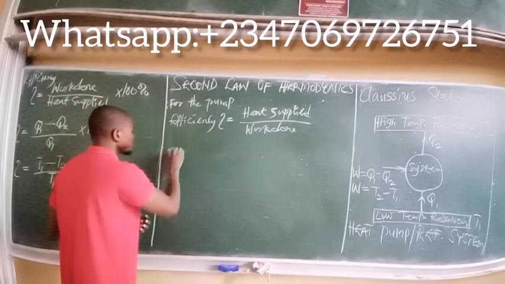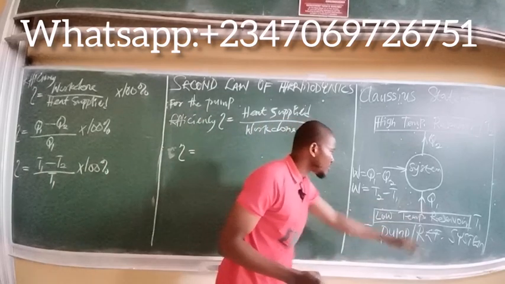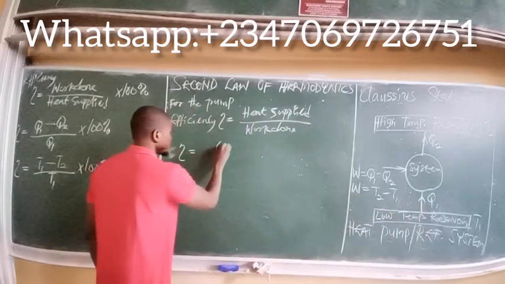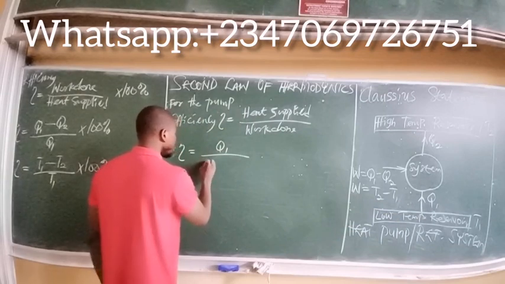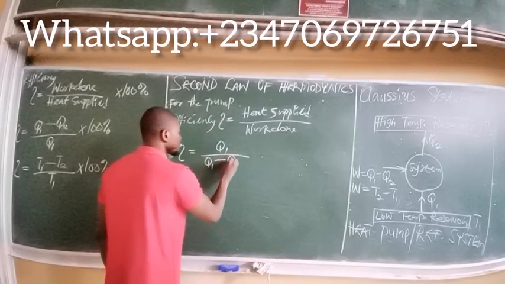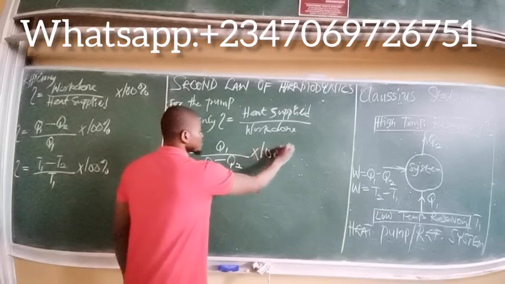Efficiency is then heat supplied, which is simply Q1, over the work done, which is still Q1 minus Q2, multiplied by 100%.